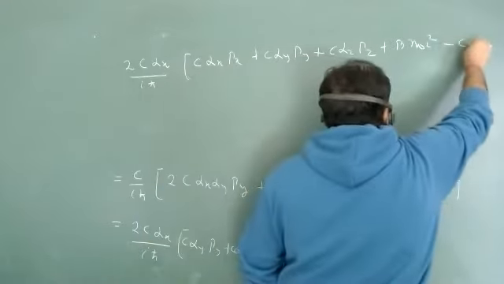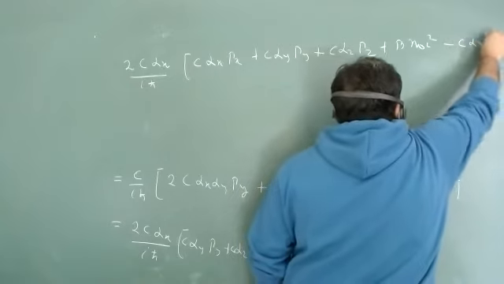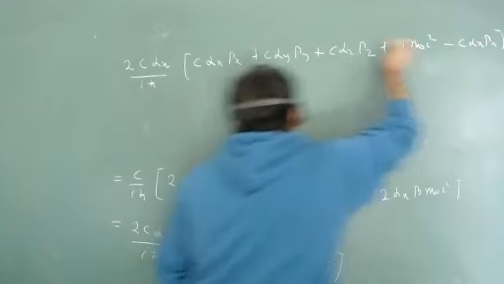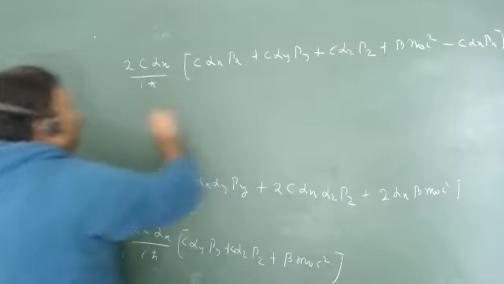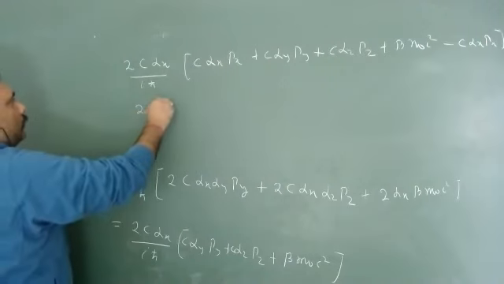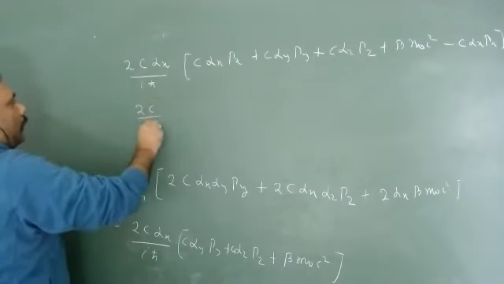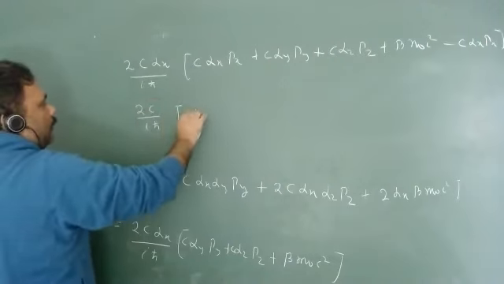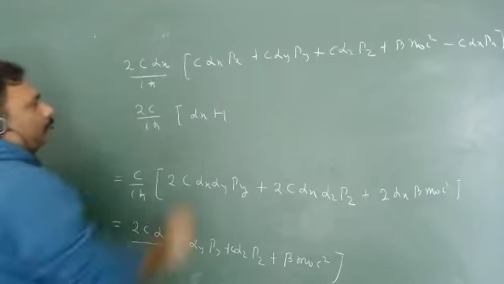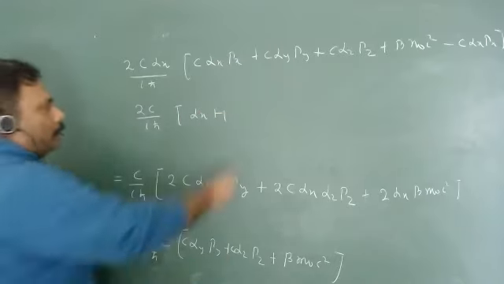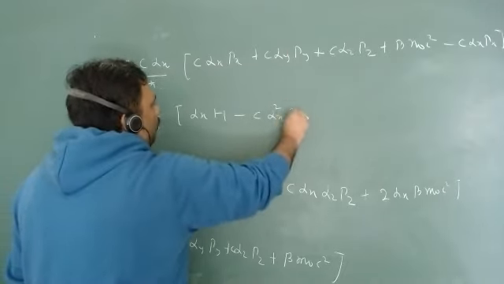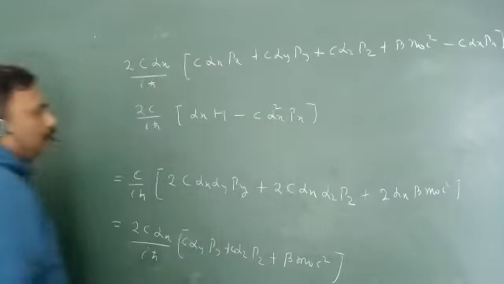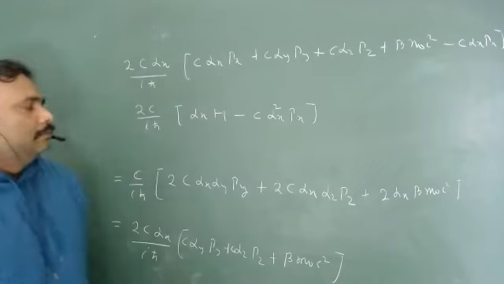So this will be minus c alpha x px. What will be this whole term? This whole thing is what? H. So you can write 2c upon i h cat, and there is alpha x H minus c alpha x square px. Now, what is alpha x square?